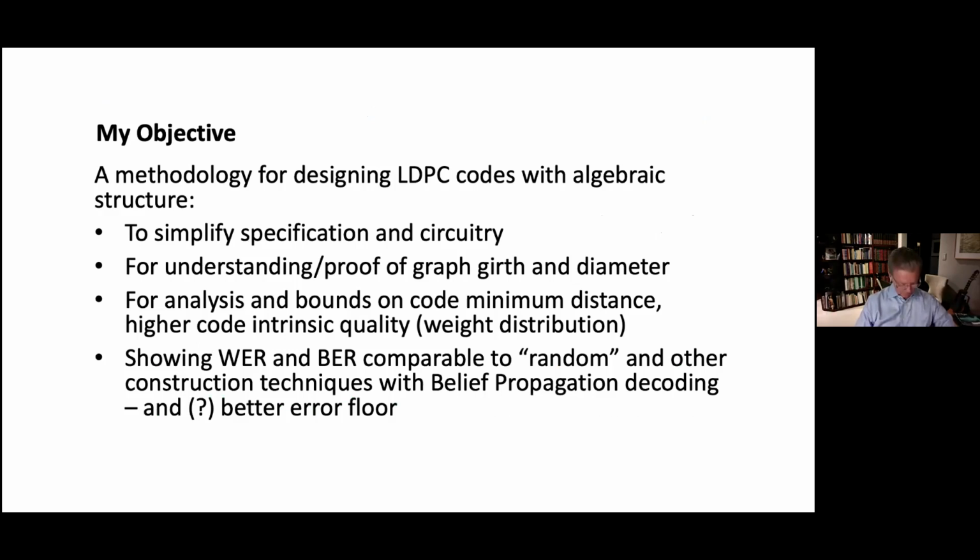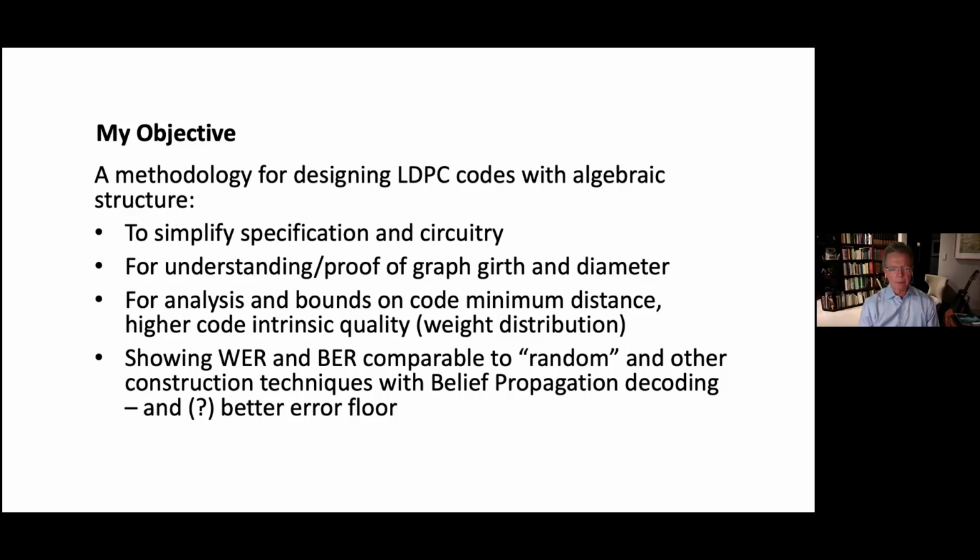My objectives in doing this work were to design LDPC codes using some algebraic structure to simplify the codes without, you hope, losing all those properties that randomness allows you to prove about growth in the minimum distance over time and the effectiveness of the algorithms. I want to use algebra to come up with powerful ways of understanding the girth and the diameter of the graph.